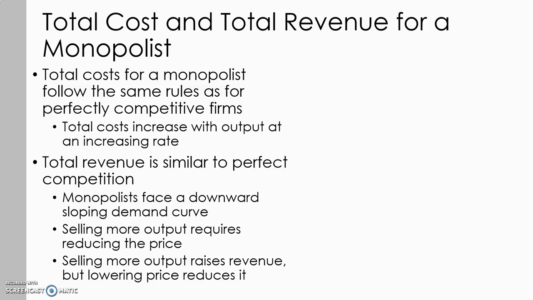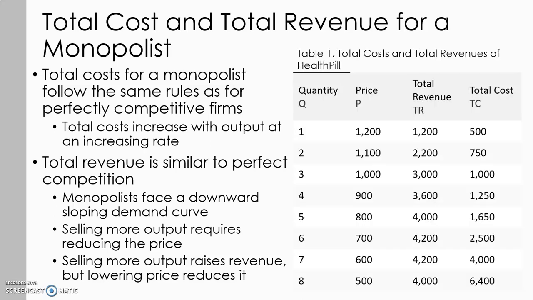We can't price discriminate yet. We'll find the tools to do that later on. But selling more quantity means we're going to have to lower the price. So we make more money by selling more units, but we make less money by having to lower the price. Let's figure out what the best quantity for this producer will be.